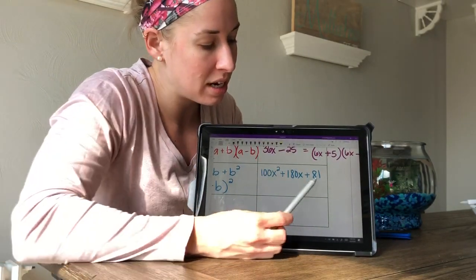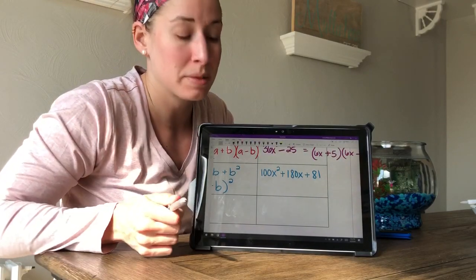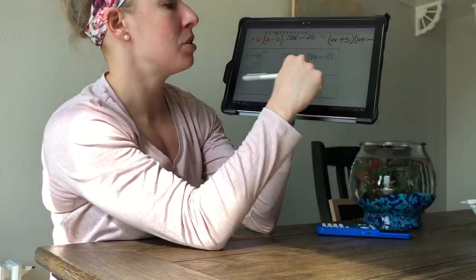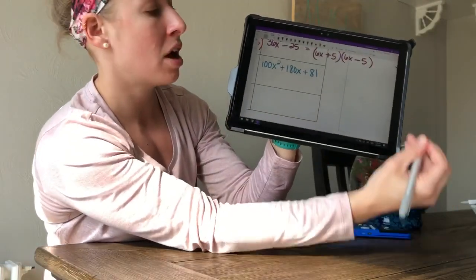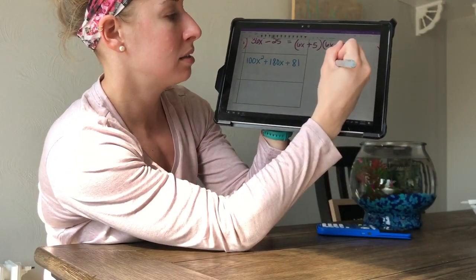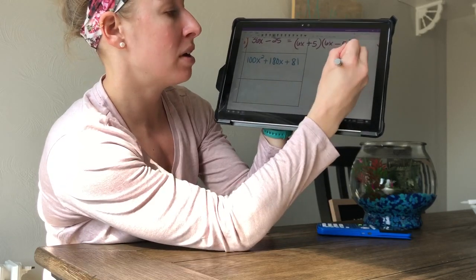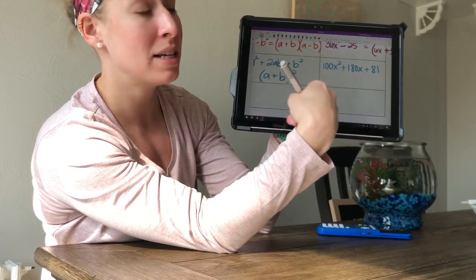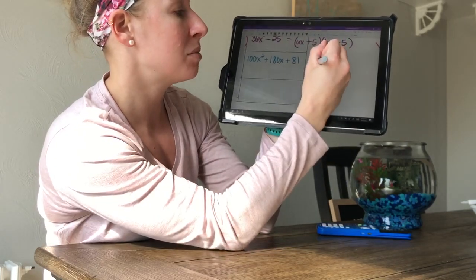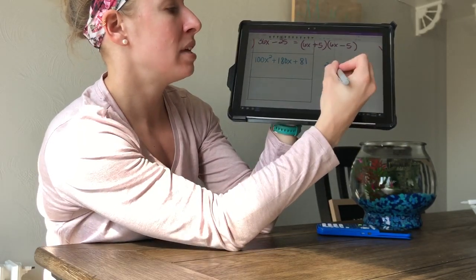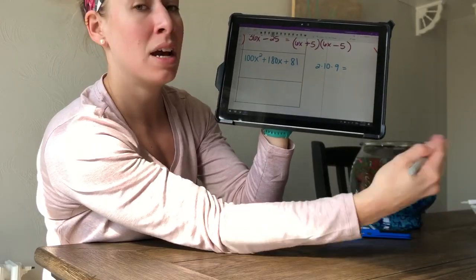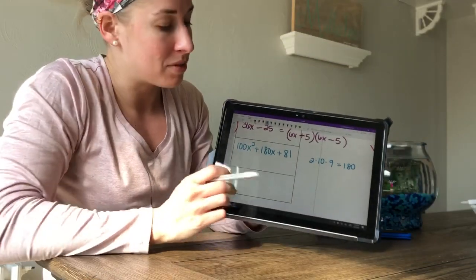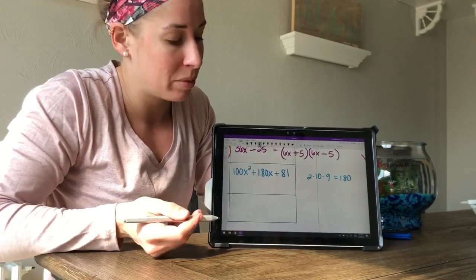So 100 and 81 are both perfect squares. The middle term, 2ab, basically what you should notice there is that the square root of 100 is 10, the square root of 81 is 9, and that middle term is supposed to be 2 times a times b, so times 2. Well, 10 times 9 is 90, times 2 is 180. So there's where that middle term comes from. So this is a perfect square trinomial.